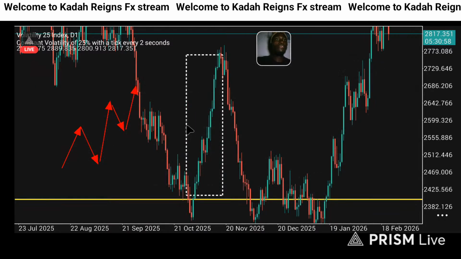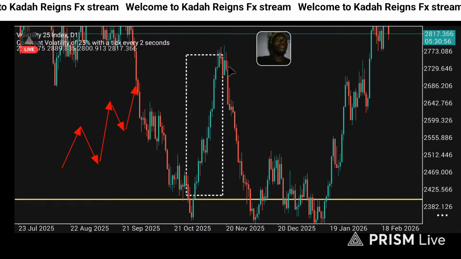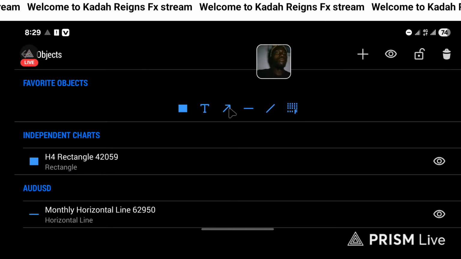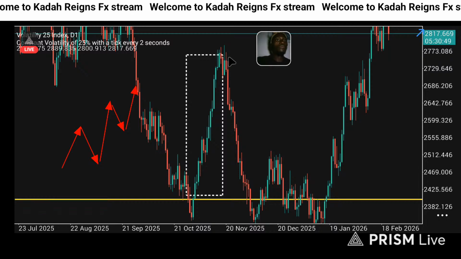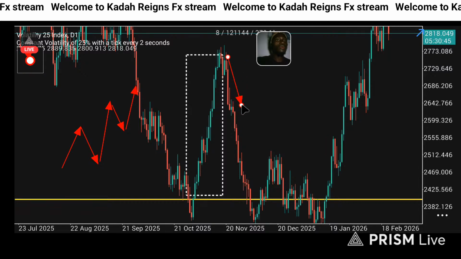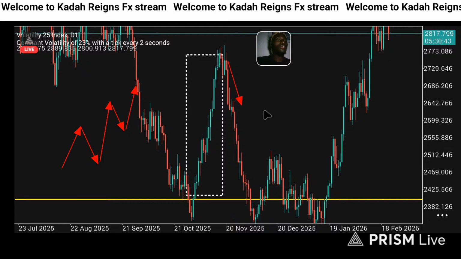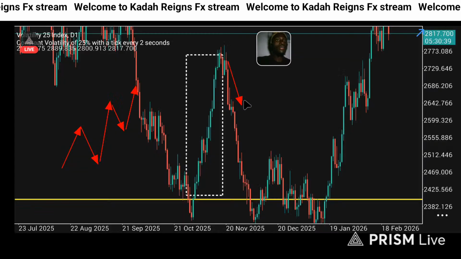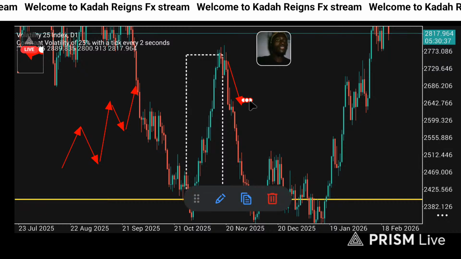So in a bearish market structure, price is now making lower lows and lower highs. This is now the opposite of what? Of a bullish market structure. So it will be doing something like this. It makes a lower low, like what just happened here. Then it makes another lower high, right?